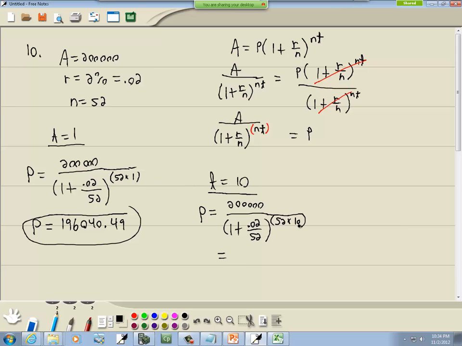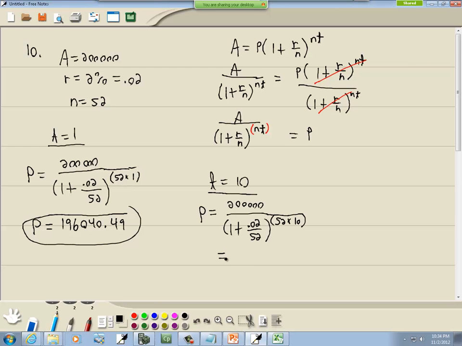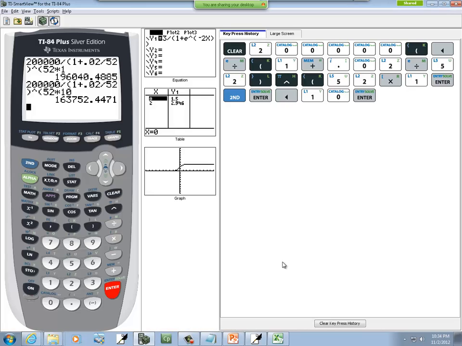And it's at the very end, so it even comes out nicer. So if I do a second enter, bring up my previous entry, you see I now have a 1 here, so I just replace that with 10 and press enter. That gives us 163,752.45.